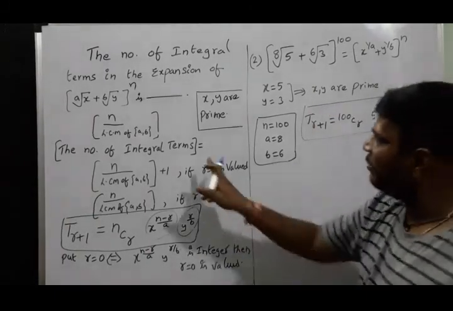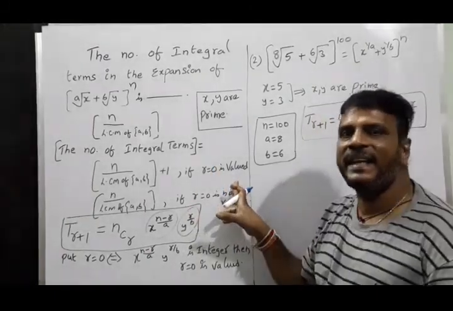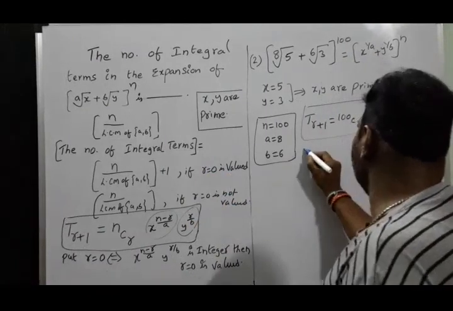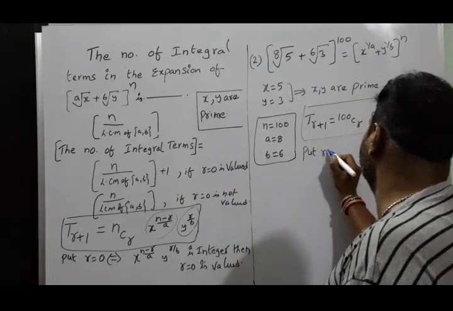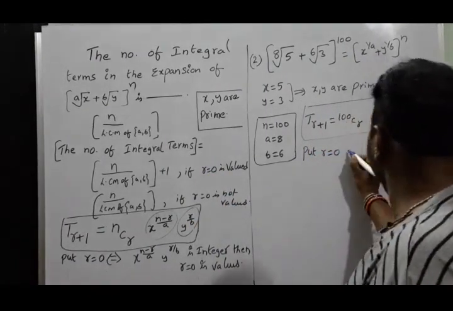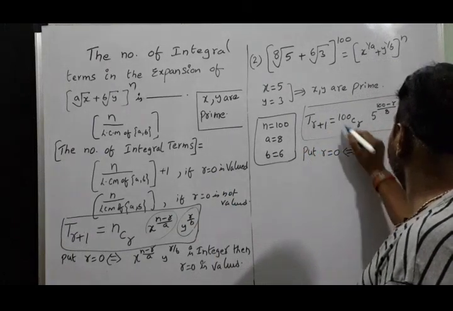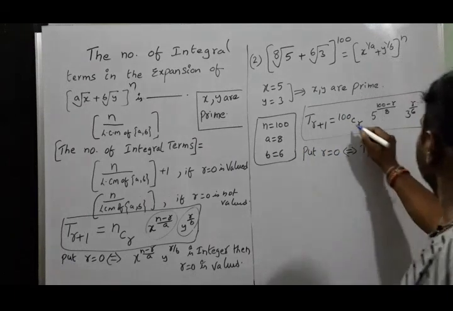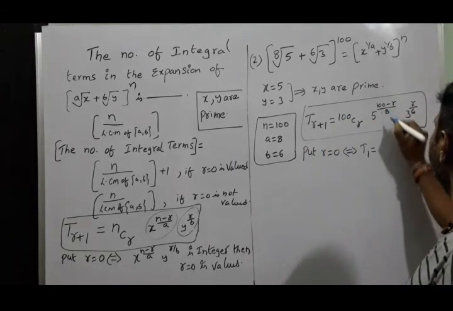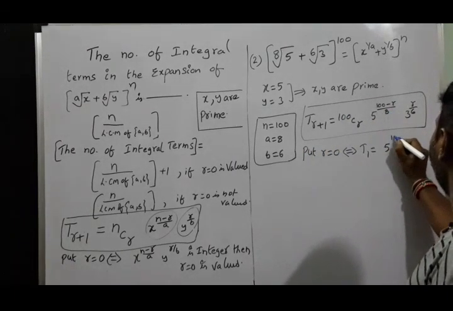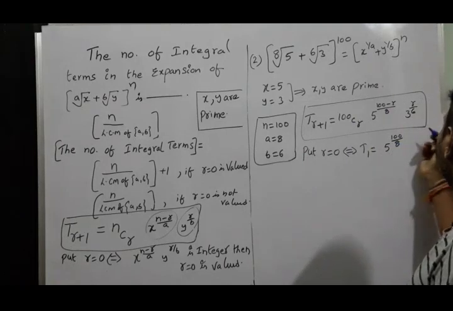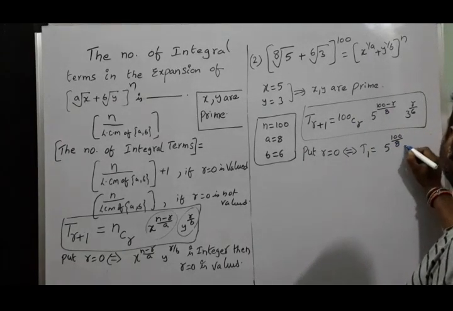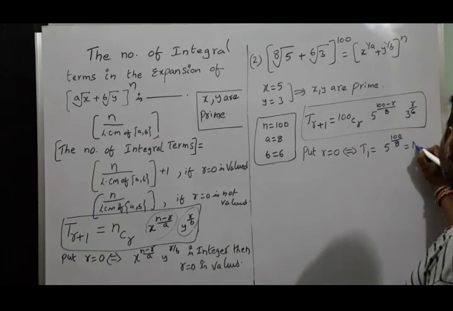First of all, you have to verify whether r is equal to 0 is valid or not valid. Put r is equal to 0. Then the first term is 100 C 0 is 1, 5 power 100 by 8, 3 power 0 is 1, which is non-integer.